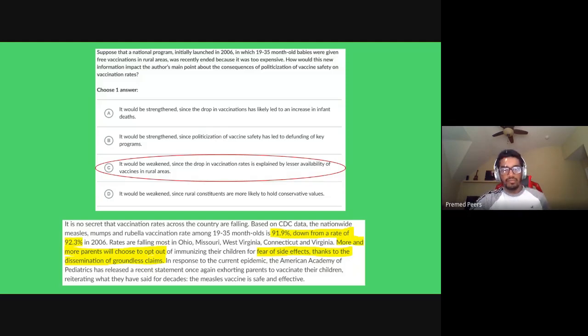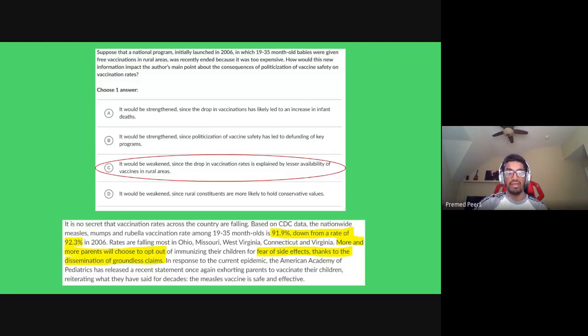So we have here that the answer is C because the vaccination rates are less available in rural areas if this program did exist, because the vaccines would be too expensive to bring all the way into the rural areas, and so there would be less vaccination because it is less reliable.